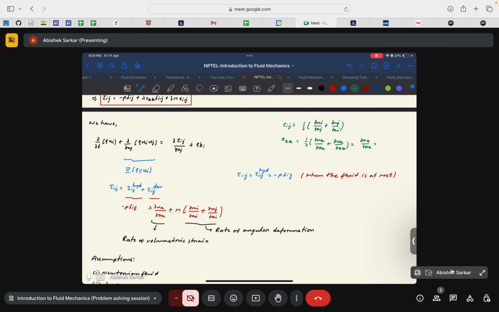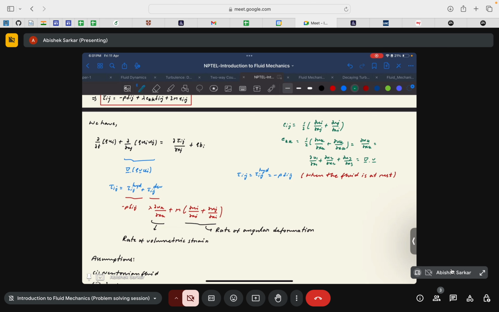So this basically means the divergence of the velocity field. Since there is a repeating index, it will basically mean dou u1 by dou x1 plus dou u2 by dou x2 plus dou u3 by dou x3, which is the divergence of the velocity field.